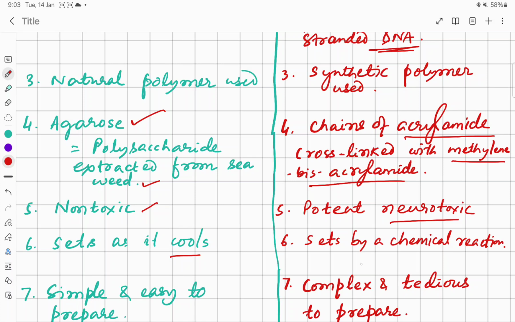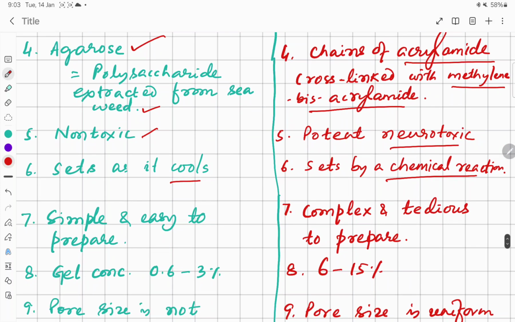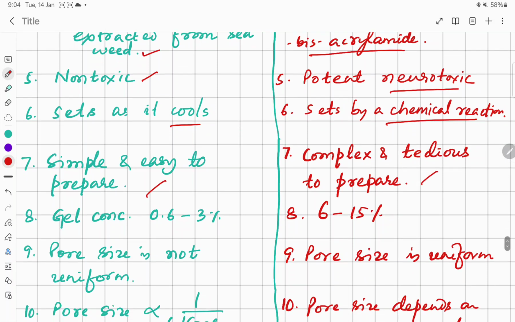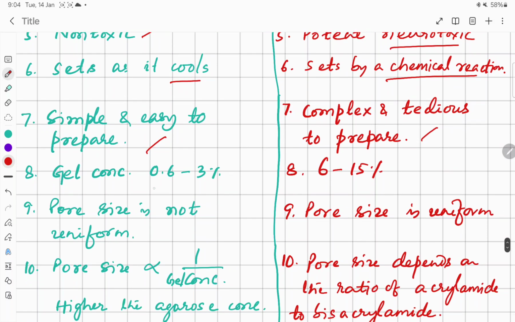Whereas in case of PAGE it sets by a chemical reaction. The agarose gel is simple and easy to prepare, whereas PAGE is complex and tedious to prepare. The gel concentration is usually 0.6 to 3%, whereas it is 6 to 15% in case of polyacrylamide gel.